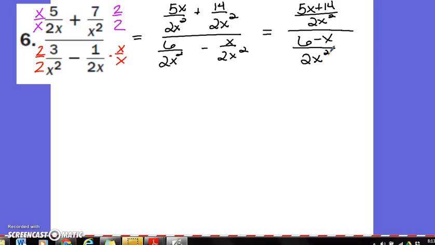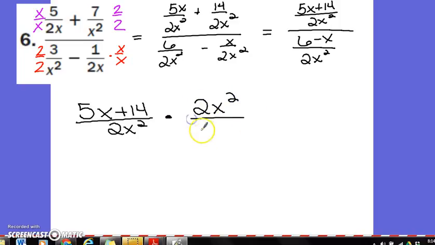Now we have one fraction divided by another fraction. This is where we keep, switch, flip. So we keep 5x plus 14 divided by 2x squared. Switch the sign, flip the second fraction, so 2x squared over 6 minus x.